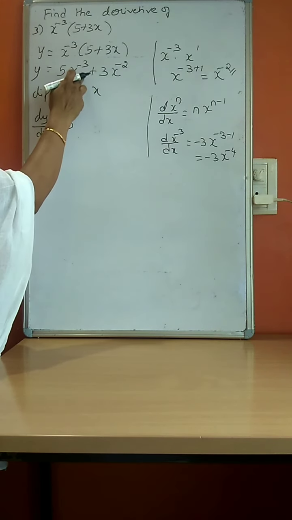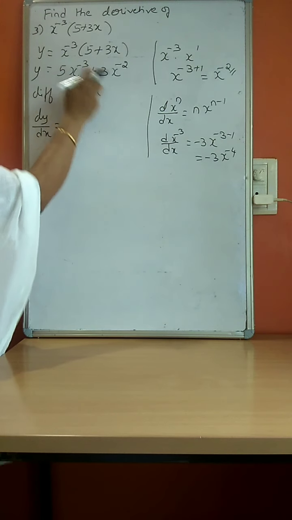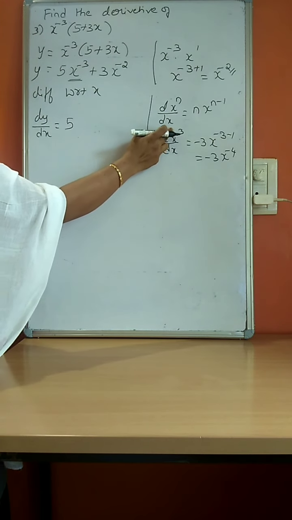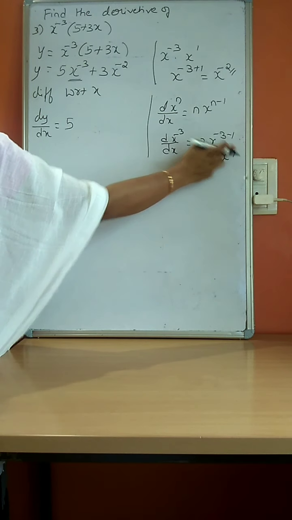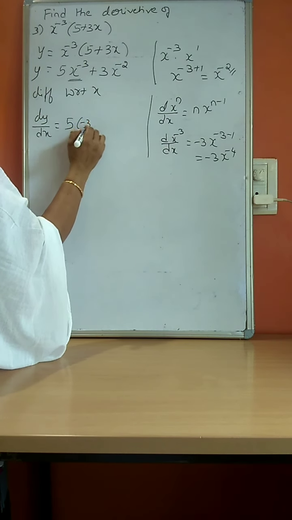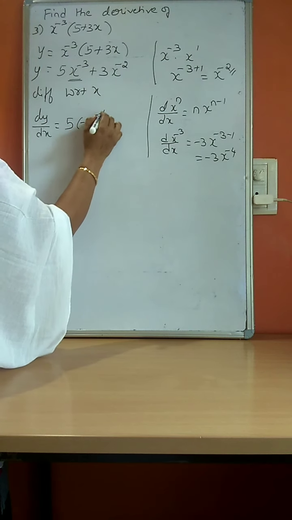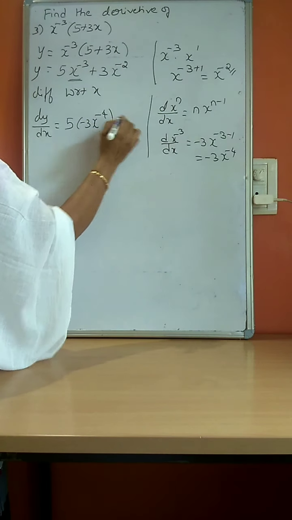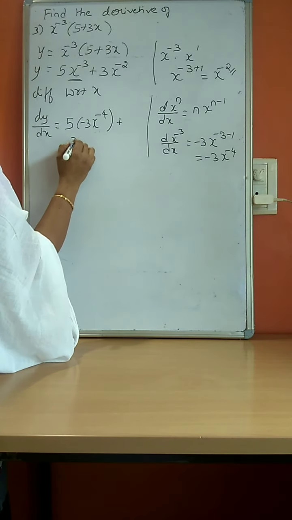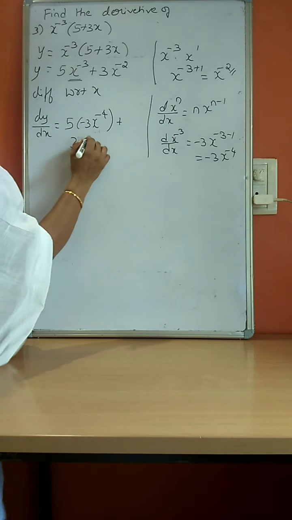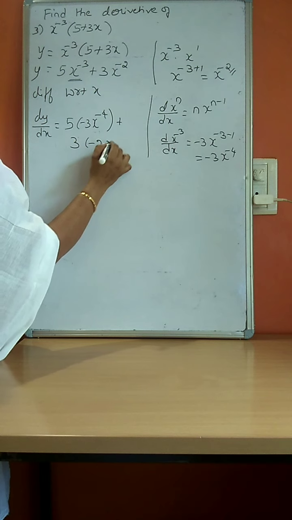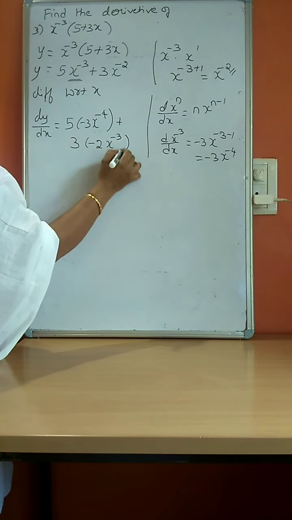Differentiation of x to the power of minus 3 is minus 3 x to the power of minus 4, plus, similarly, the differentiation of x to the power of minus 2 is minus 2 x to the power of minus 3.